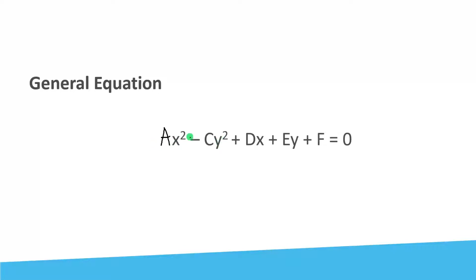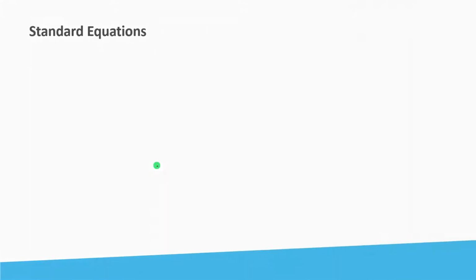So they are opposite in sign. Either x squared has a positive sign but the other is negative, or we have a term for y squared that's positive and the x squared is negative. So it's one way of identifying from the general equation that it is a hyperbola.